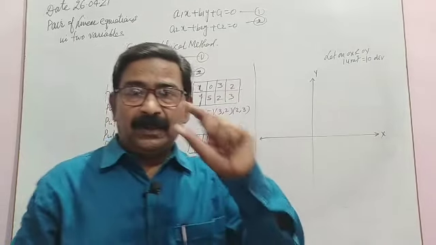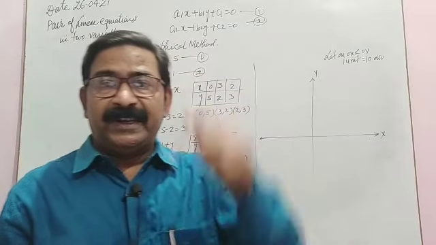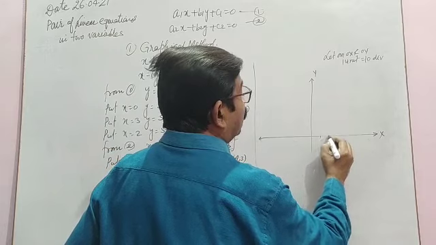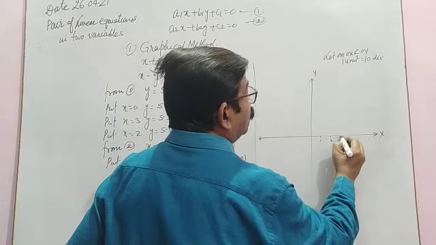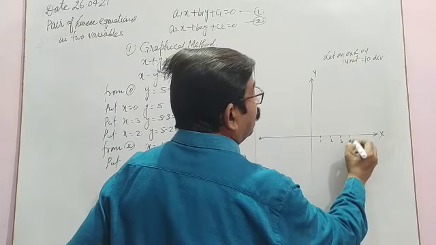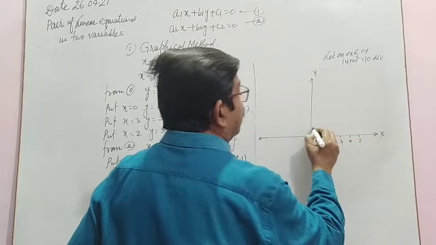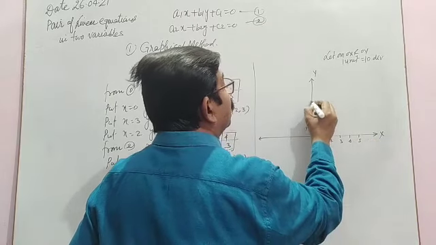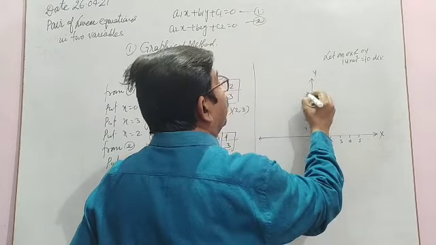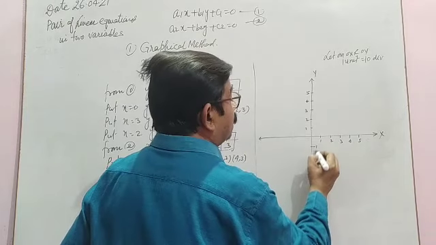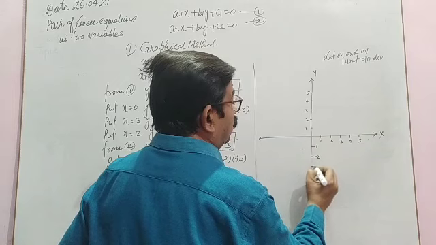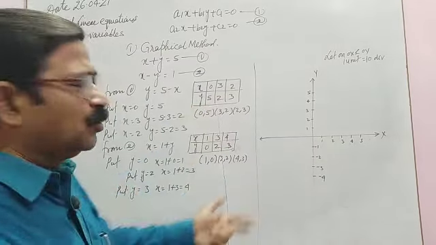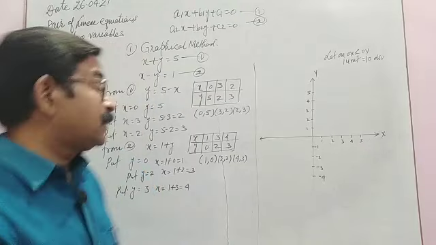In your graph sheet, the squares are made of 1 centimeter. So I am making the grid 1, 2, 3, 4, 5 on this side and 1, 2, 3, 4, 5 on this side. Since negative numbers are not there, there is no need to write the negative integers.